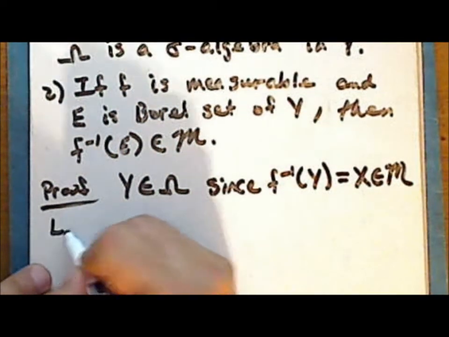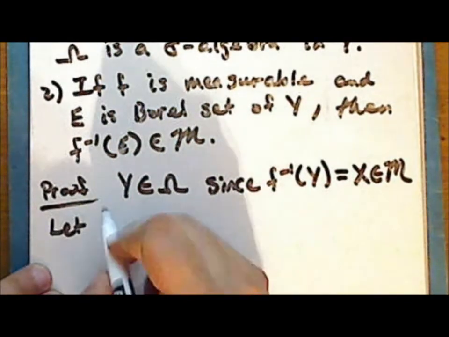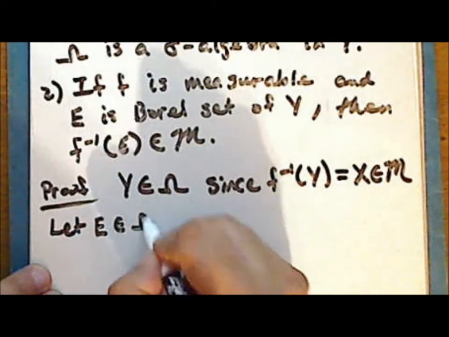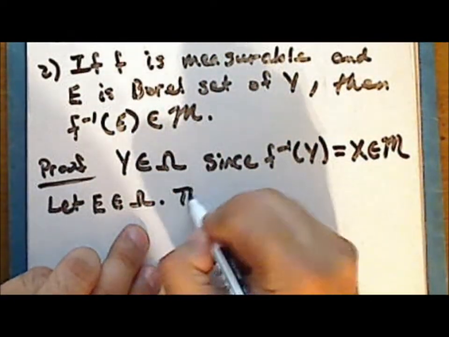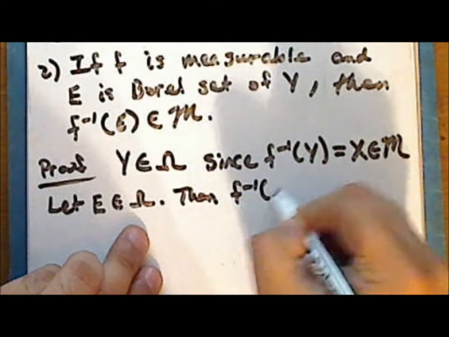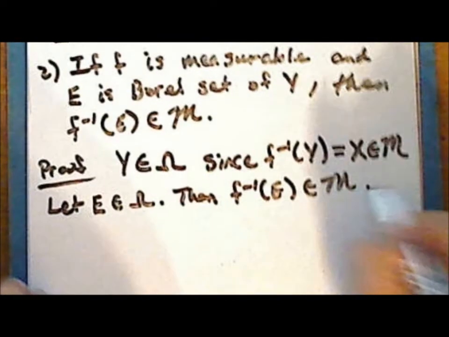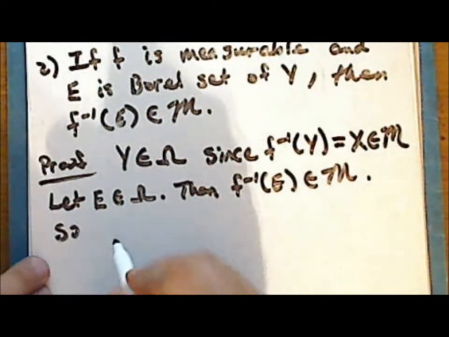Second part of the definition, let the set E be in the set omega. Then the inverse image of that set is a measurable set in X. And as this is a measurable set, its complement is also measurable.